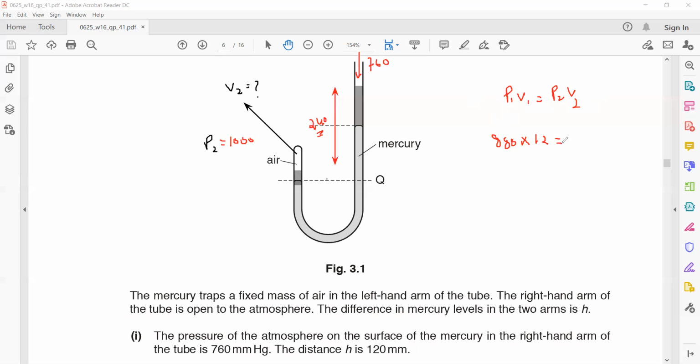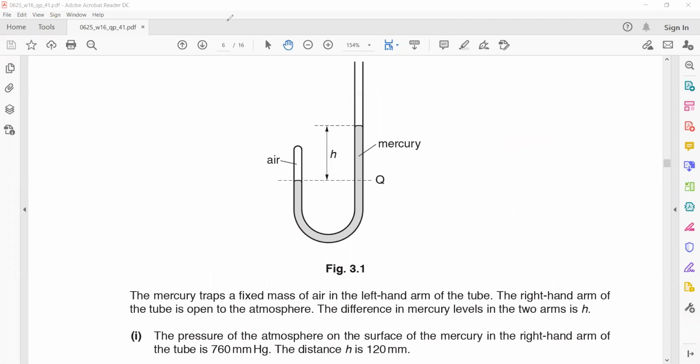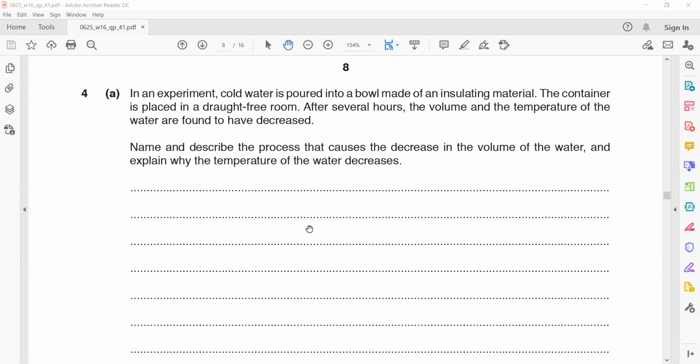The new pressure is 1000, because after adding 240 millimeters of mercury, the new volume we are finding is V2. Is it clear? Any doubt in question 4?